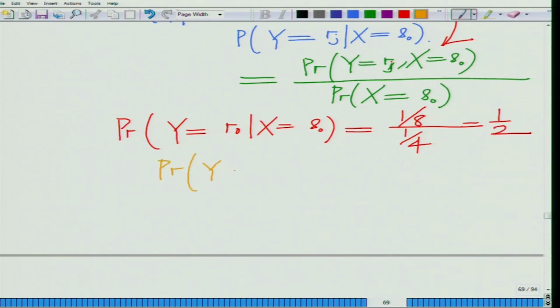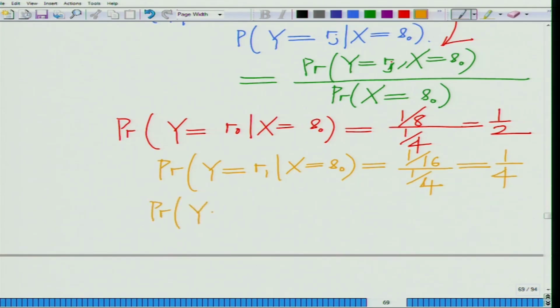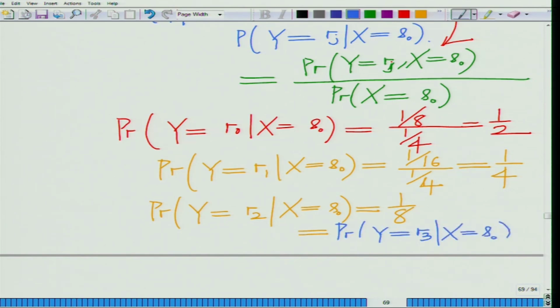Similarly, probability y equals R1 given x equals S0, we already calculated, that is 1 by 16 divided by 1 by 4 equals 1 by 4. Probability y equals R2 given x equal to S0 equals 1 by 32 divided by 1 by 4, 1 by 8, which is also equal to the probability that y equal to R3 given x equal to S0.